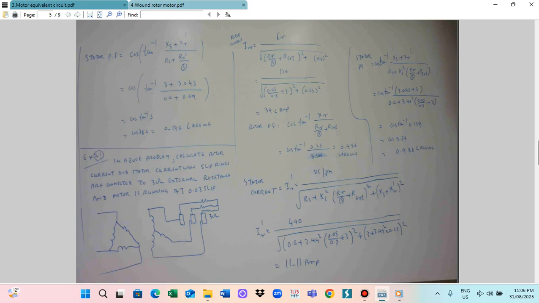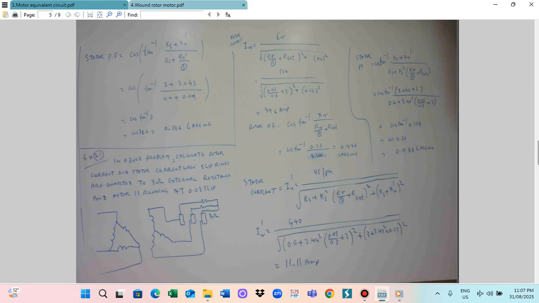Okay, and for the rotor current, we also need to calculate the rotor power factor. So the rotor power factor is equal to cos tangent inverse of X_R divided by R_R by S plus R external.